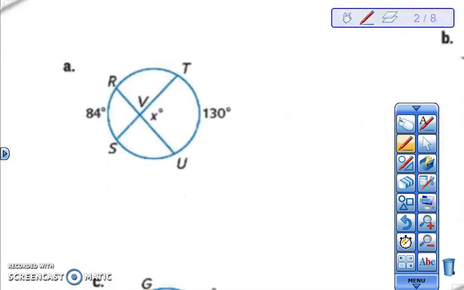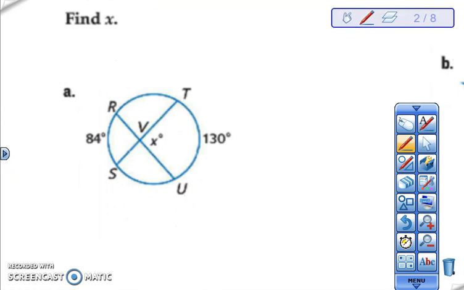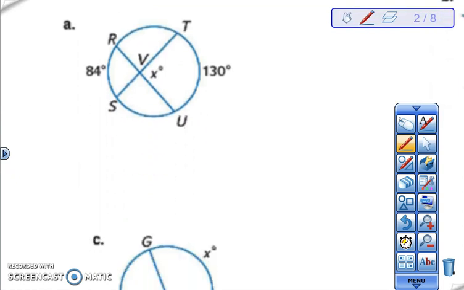So here, if I'm looking for angle X, I notice that X intercepts arc UT, and on the other side it intersects arc RS.